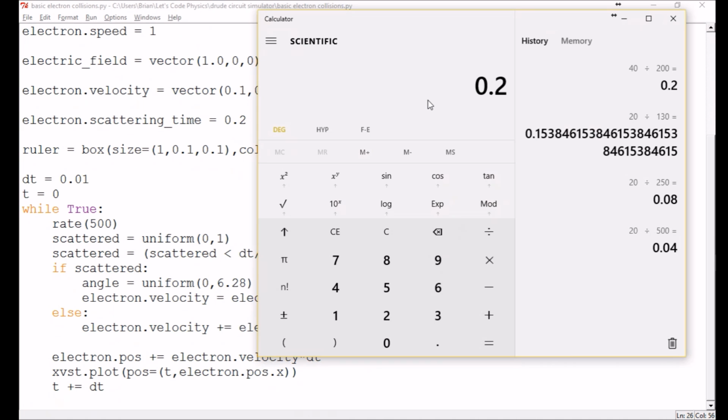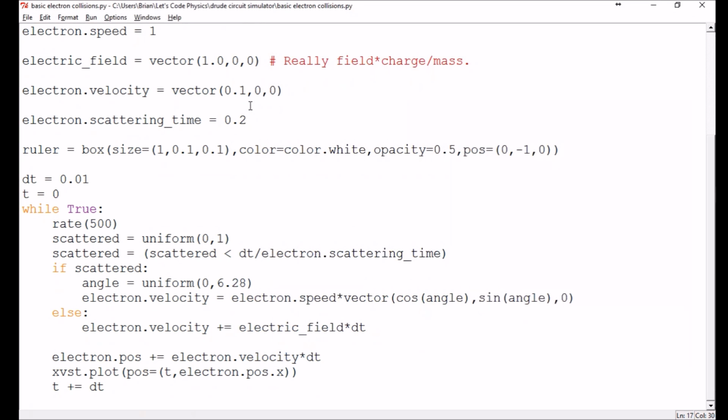Oops, my mouth went one way, my brain went the other. But what you notice, we've gone from 0.08 to 0.2. That's a little bit more than double. I mean, this is about 0.1 to 0.2, so I don't know that that's different enough to call that significantly different than doubling.